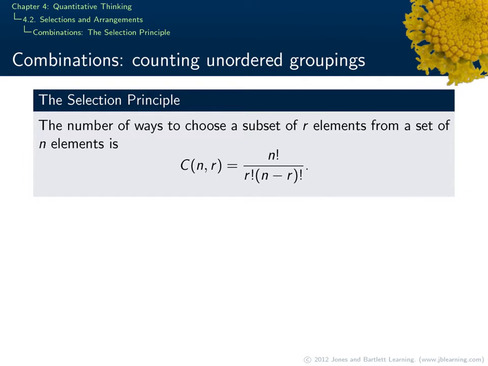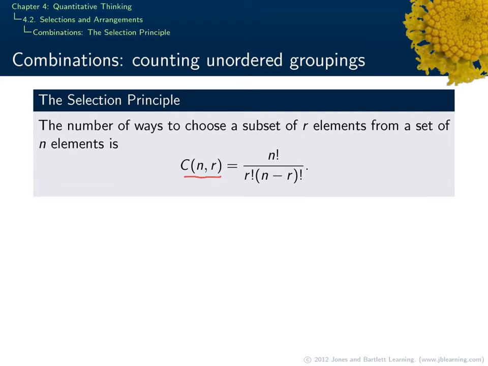Okay, sometimes we would like to count the number of ways to select r elements from a set of n elements without considering the ordering of those r elements. Whenever we want to make a count of such a thing, that's called the selection principle, and the number of ways to do that is denoted C(n,r). C stands for the word combination. You might notice that the number of ways to do that looks quite similar to the number of permutations of r elements from a set of n elements.